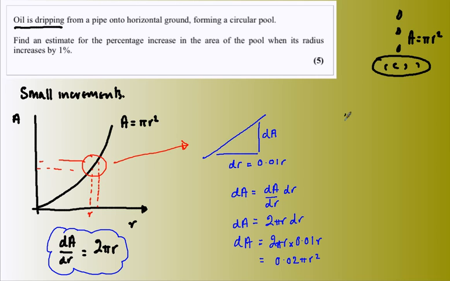And finally then, for our percentage increase, well, the small increment 0.02 pi r squared over the actual area, which is pi r squared, times 100 to give me a percentage, and I reckon that is a 2% increase in area.